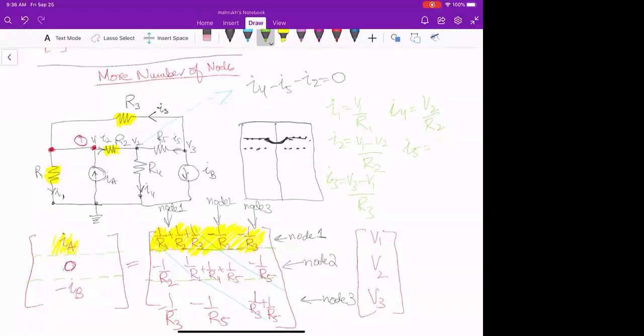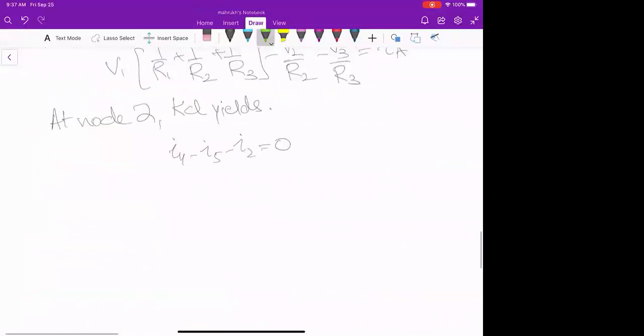Is it V3 minus V2 over R5? Yes, but why did I not take V2 minus V3 divided by R5? Because the current is going from V3 to V2 in that direction. Yes, that's right. This helps: if we define currents separately and just plug them into the equation. So we have I4, I5, and I2, and I'll just plug these values in.